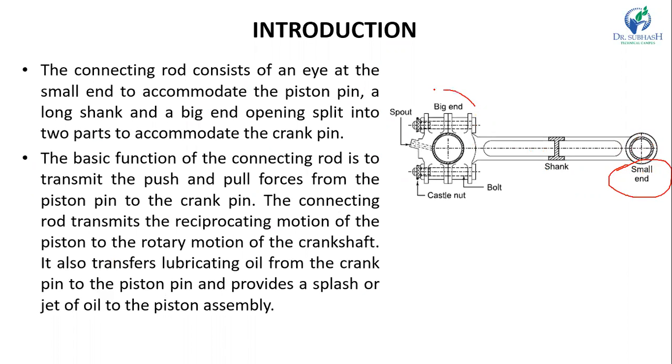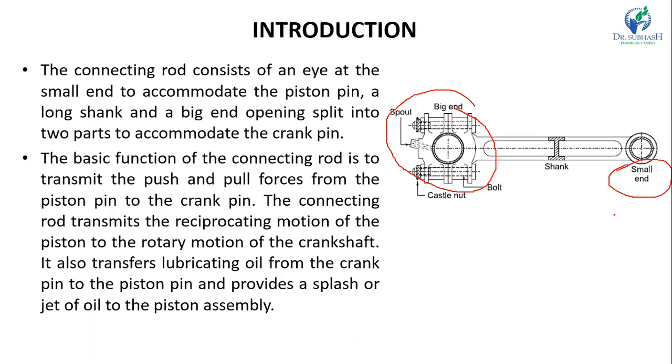Here, this is known as the big end, and this big end is split into two parts, which means we can divide this big end into two parts. This part is connected with the crank pin, so this portion is for the crank pin, and the small end is connected with the piston.